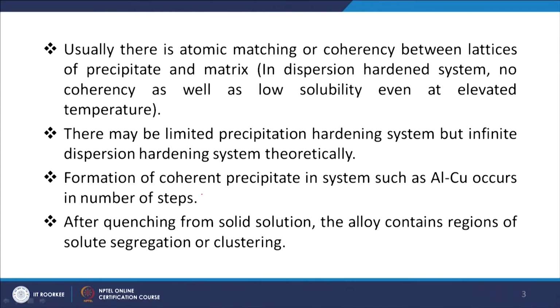The basic difference between the precipitation hardening system and the dispersion hardening system is that, as we have understood, in a precipitation hardening system the solute has to be more soluble when the temperature is higher, and the solubility has to decrease as the temperature comes down, whereas there is no such condition in the case of dispersion hardening.